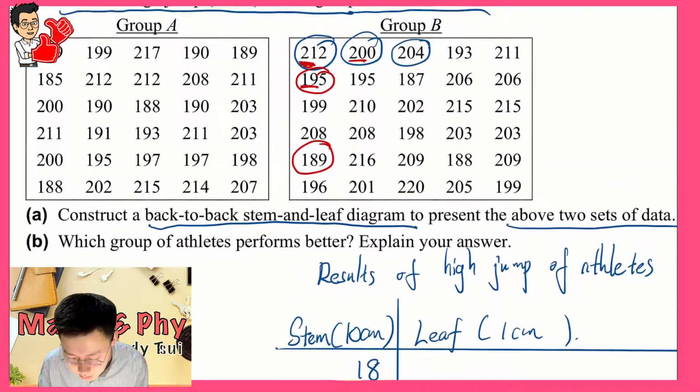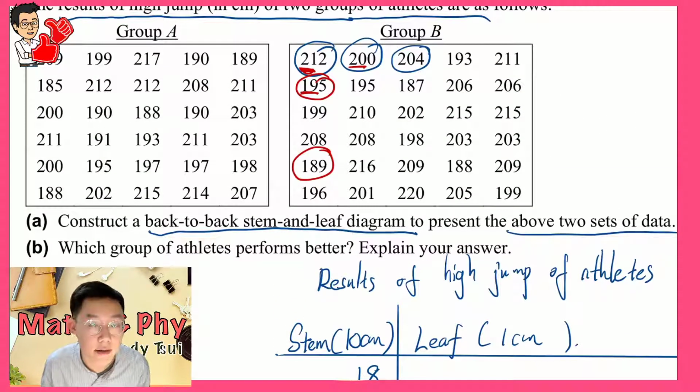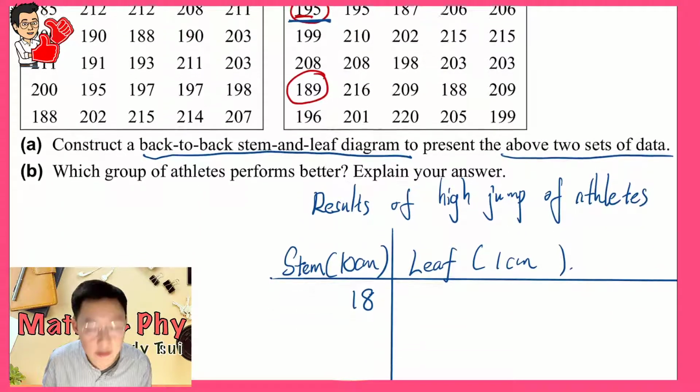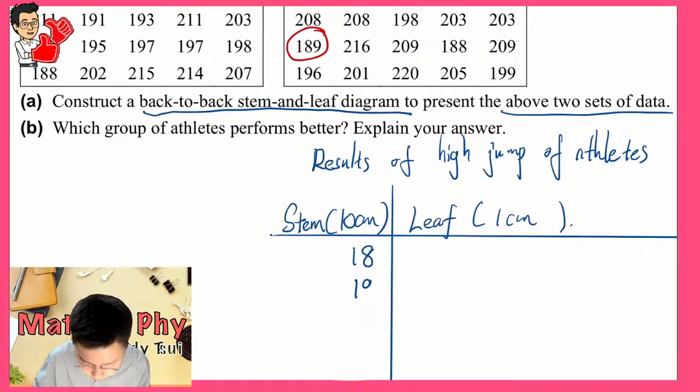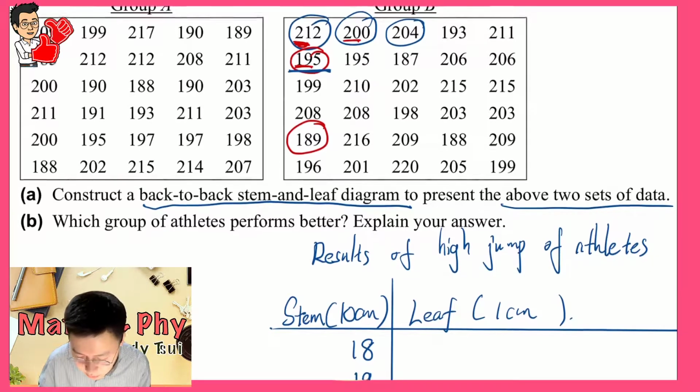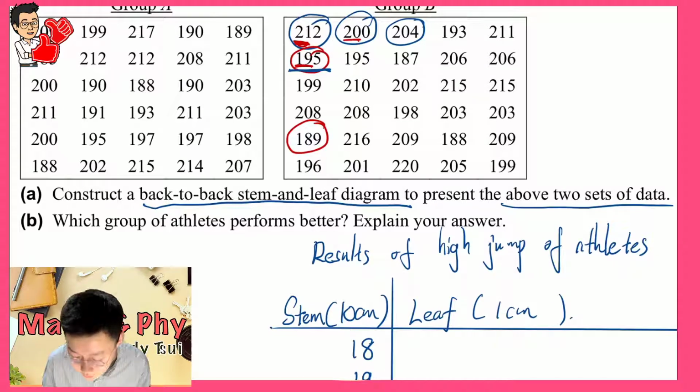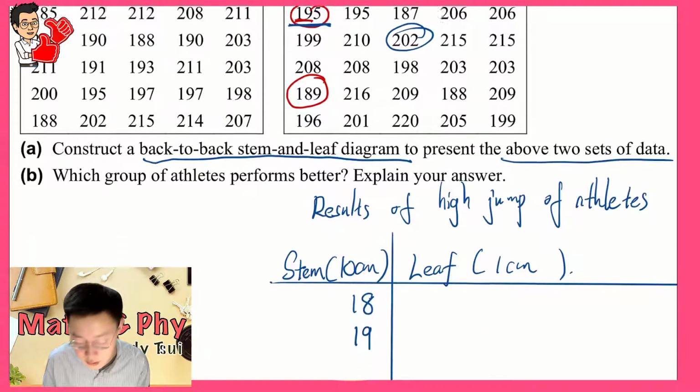Then any 190 something? This one is 195, so we write down 19. How about 200 something? This one is 200, so we write down 20.